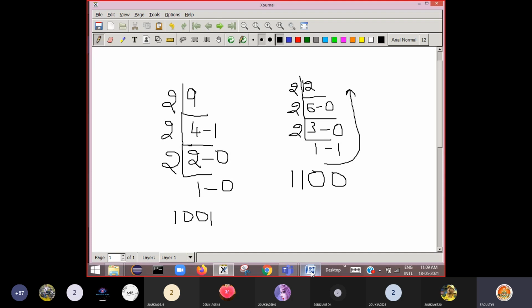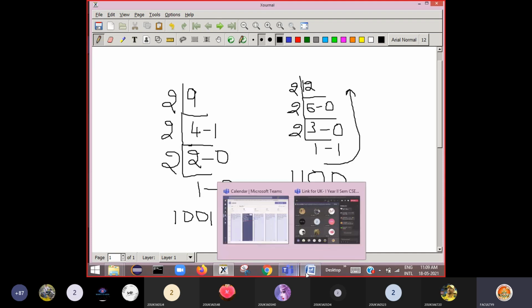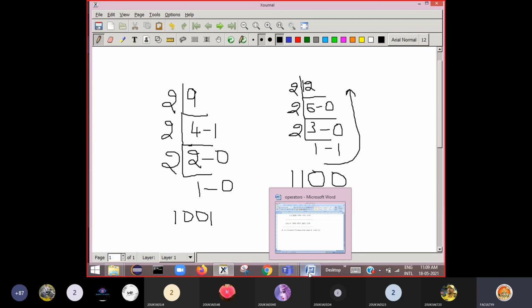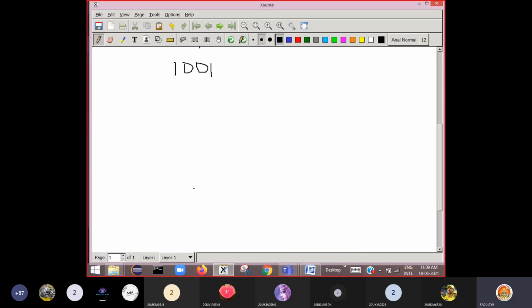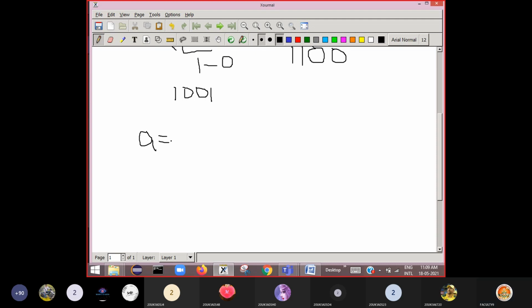Okay, right? So I will write these two binary equivalents here. Now just see here, what is A's binary equivalent? A is equal to 12. Yes or no? So this 12's binary equivalent, if you write, will be 1 1 0 0.